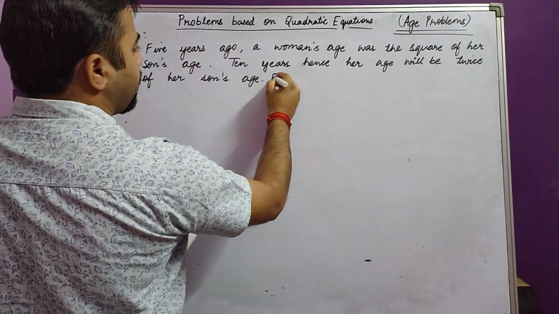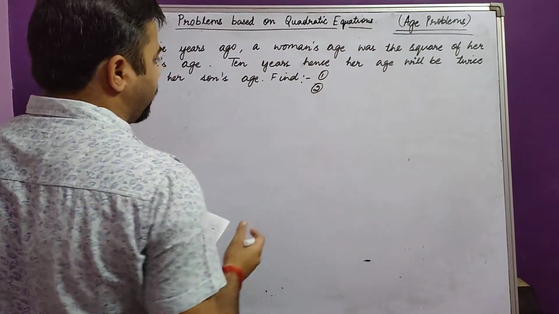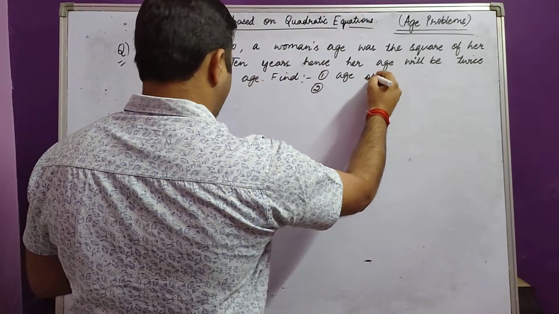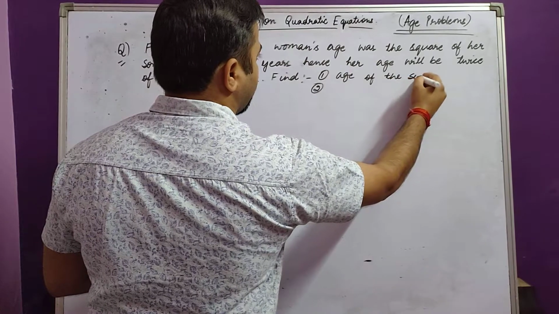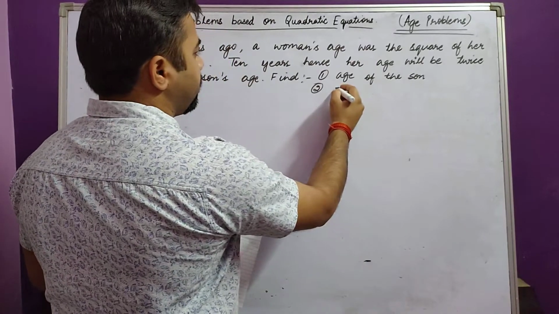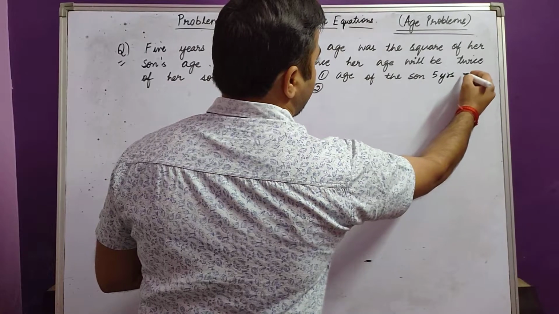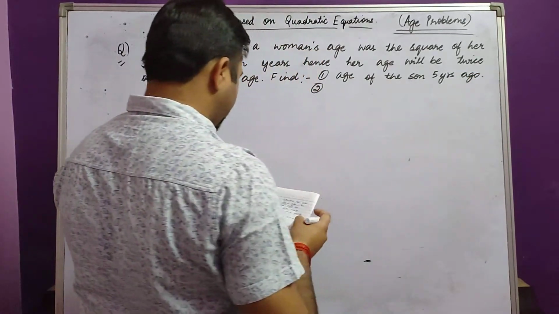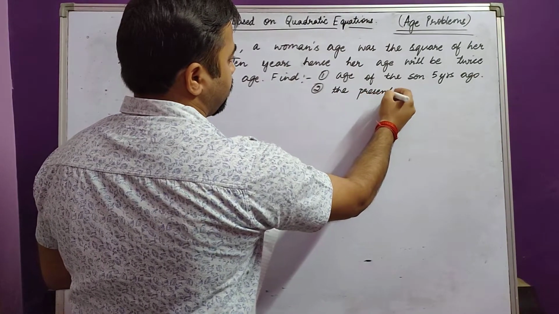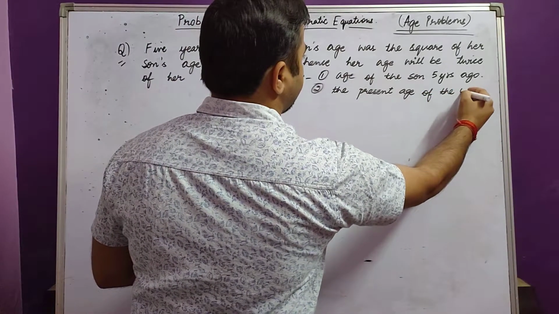Find the age of the son 5 years ago, and the present age of the woman.